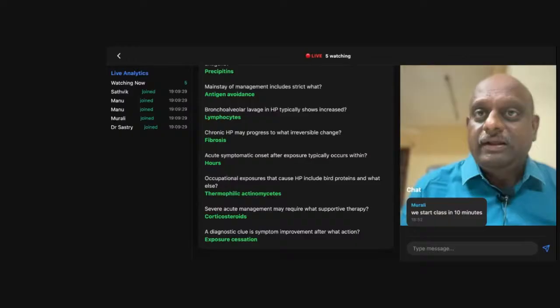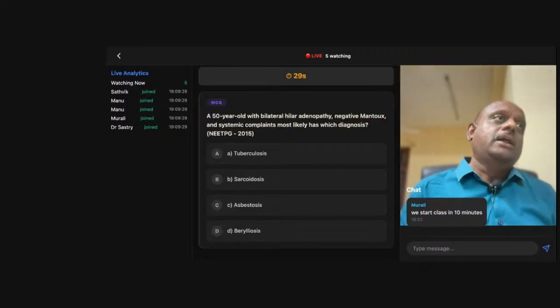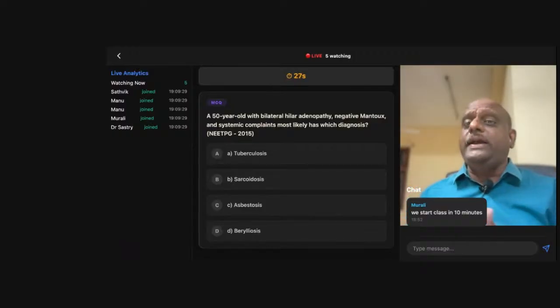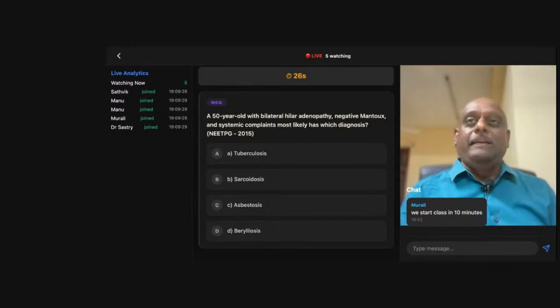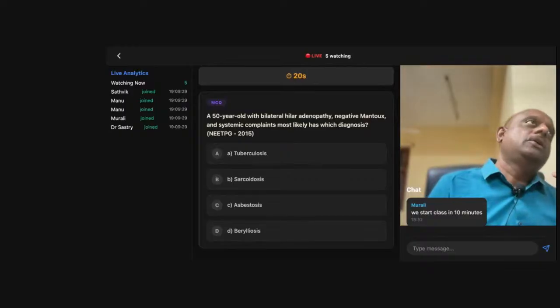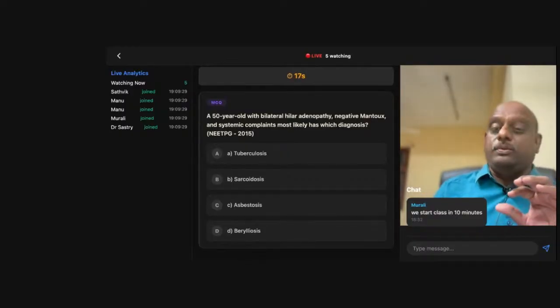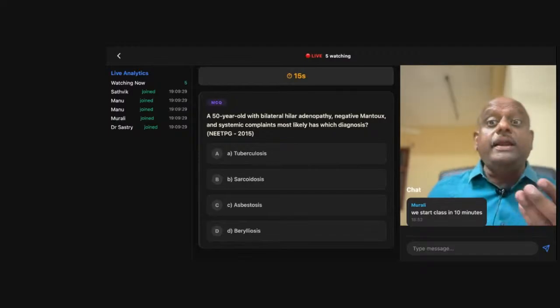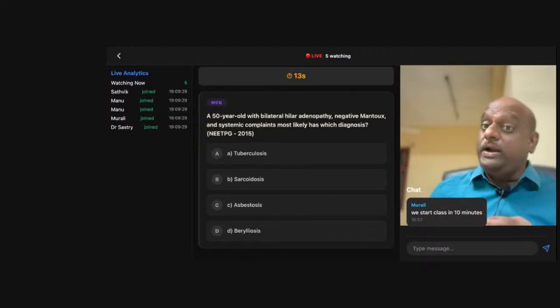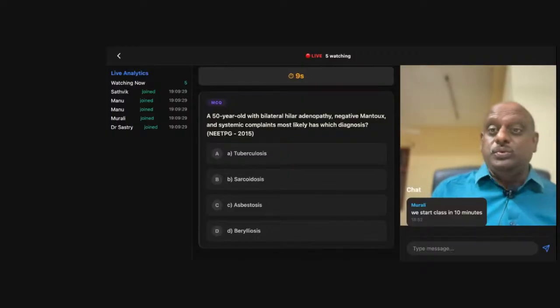And whenever bird proteins are there, the occupational exposure is because of thermophilic actinomycetes, is what we should remember. Bilateral hilar lymphadenopathy, negative Mantoux test, because both TB and sarcoid are granulomas. TB is caseating granuloma. Sarcoid is non-caseating granuloma. So you need to differentiate between the two.